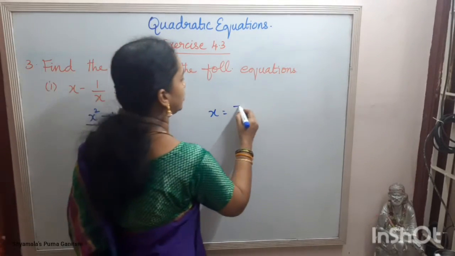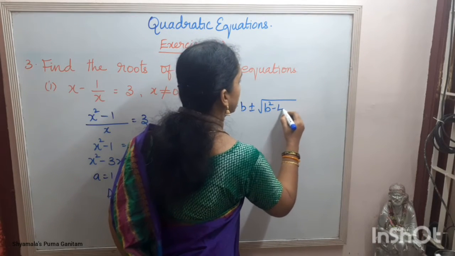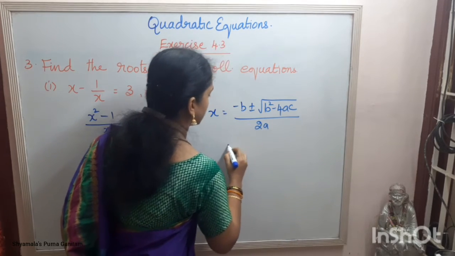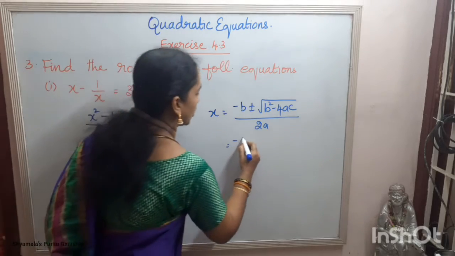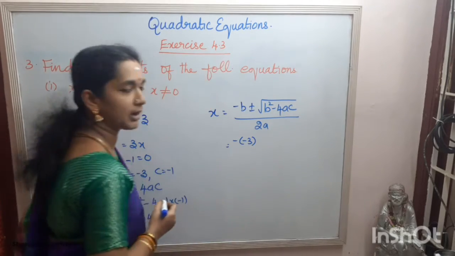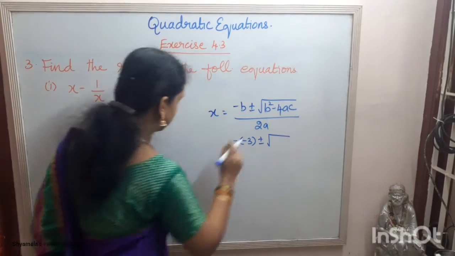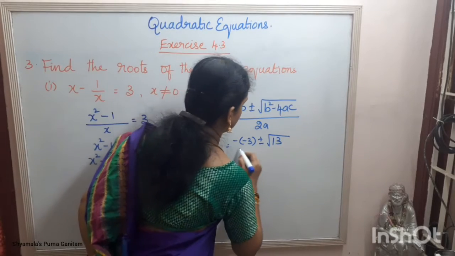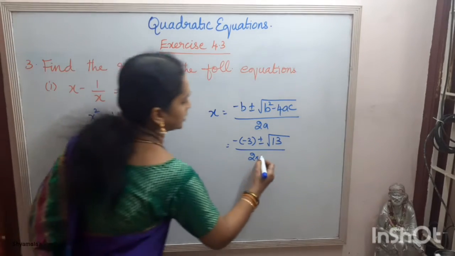So x is equal to minus b plus or minus root of b squared minus 4ac, by 2a. So this is equal to minus b. B value is minus 3 here. So already one minus is there in the question. So minus of minus 3 plus or minus root of b squared minus 4ac, which is the discriminant. I got that discriminant value as 13, by 2 into a value 1. So 2 into 1.